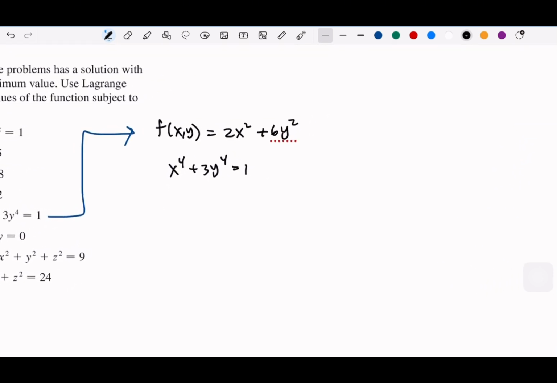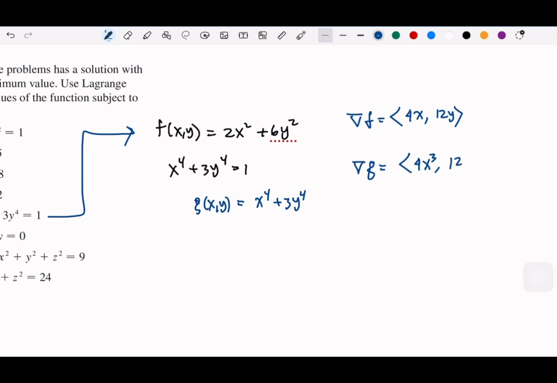We can write down del f as 4x and 12y, like that. And remember, when we partially derive, we are creating the vector, right? And then suppose that this is g. So let me create another function which is g. And let me write del g is 4x cubed and 12y cubed.